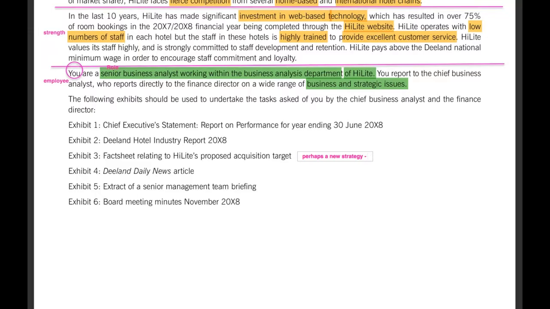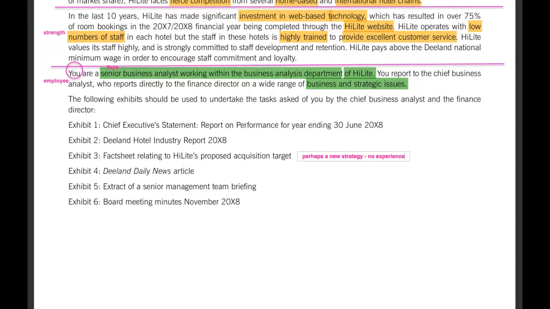But remember, this particular strategy tells you what? Previously, they were developing through organic growth, now going into something that is totally new. If it's something totally new, what does it mean?